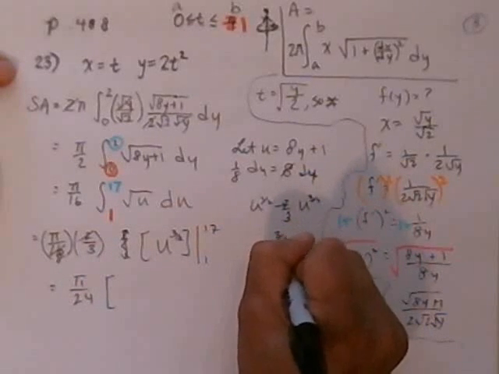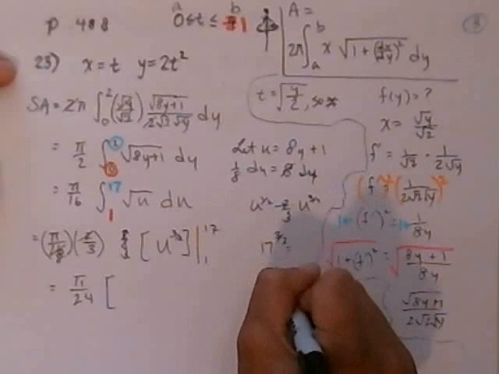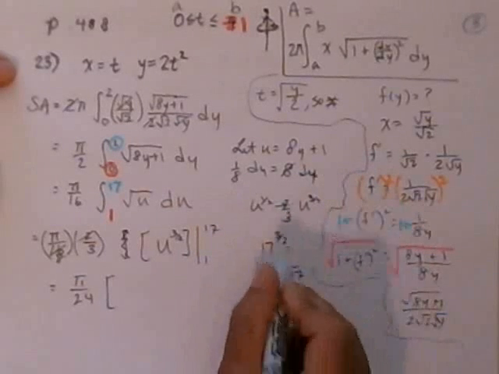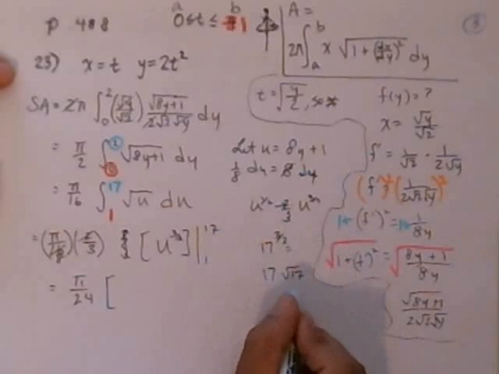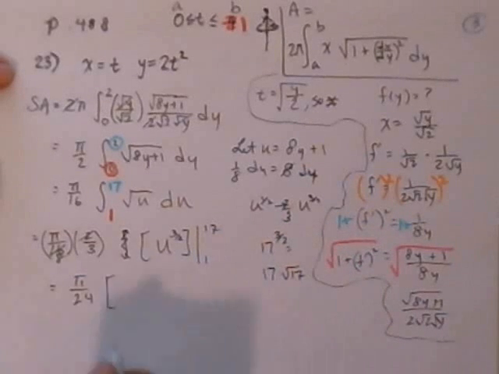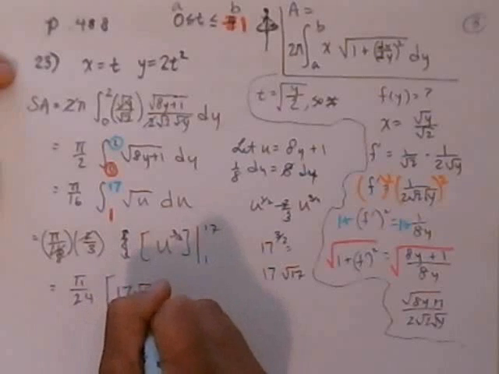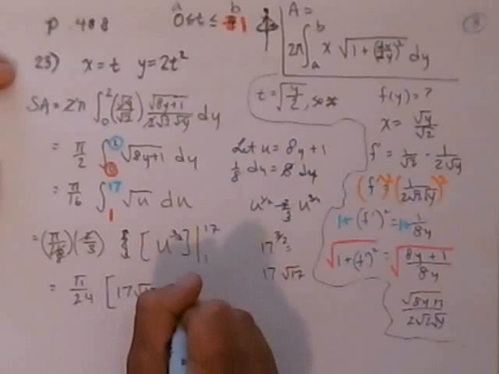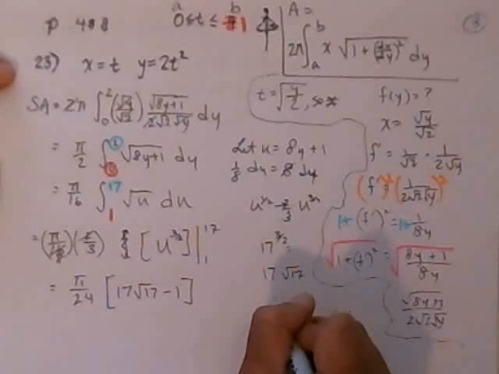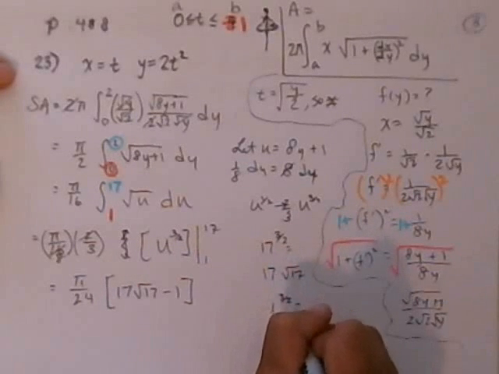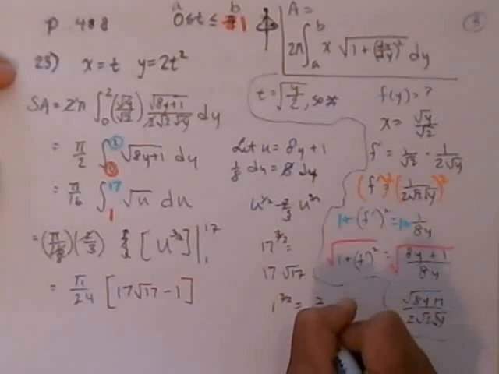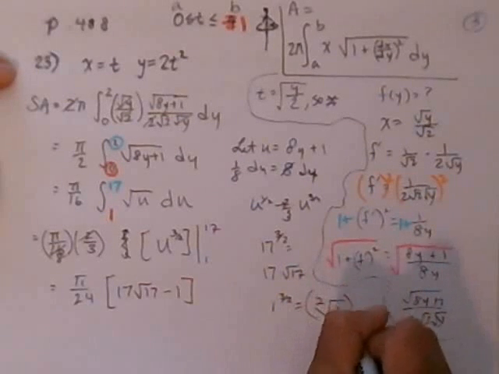17 to the 3/2, which is the same thing as 17 times square root of 17. If you're not familiar with this, try to change it into radical form. It should be 17 radical 17 minus 1, because 1 to the 3/2 is, I'm going to work it out for you, the square root of 1 cubed.